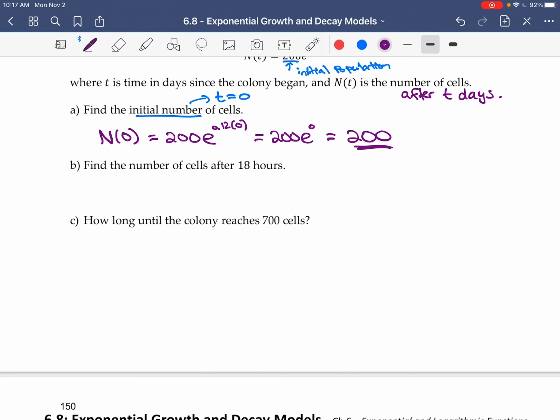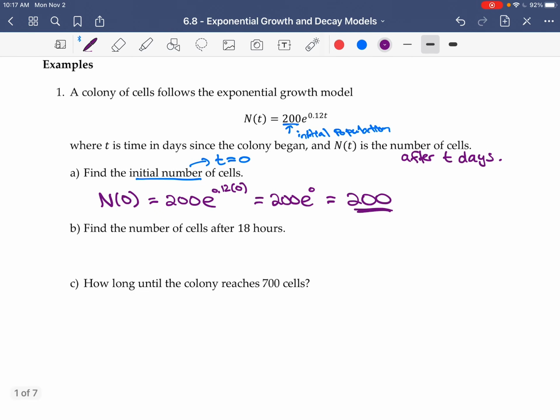How many would we have after 18 hours? Now you want to be careful. It's 18 hours, but t is in days, so this t is less than 1 day. It's actually t equals 18 over 24, because there's 24 hours in a day, which is 3 over 4.